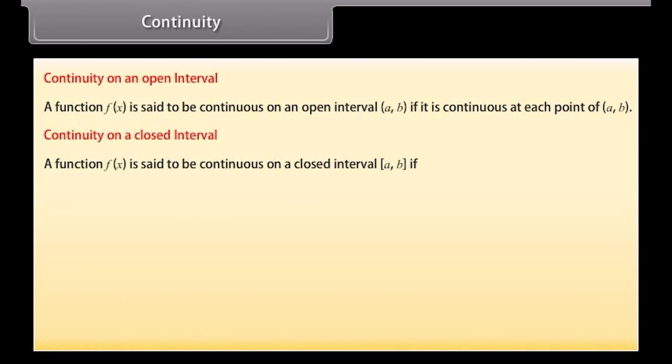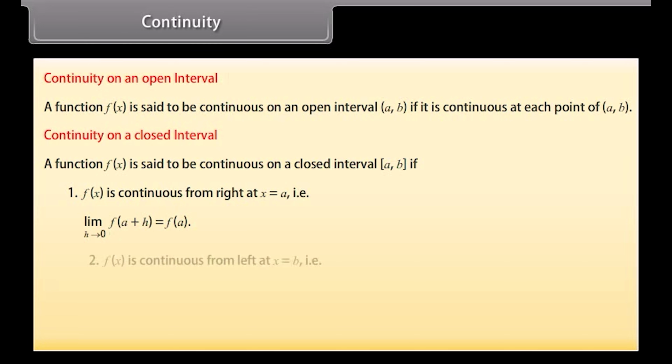A function f of x is said to be continuous on a closed interval a, b if: 1. F of x is continuous from right at x = a. That is, limit h approaches 0 of f of a plus h is equal to f of a. 2.